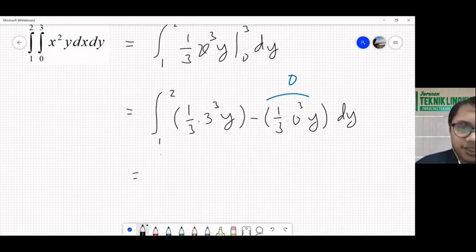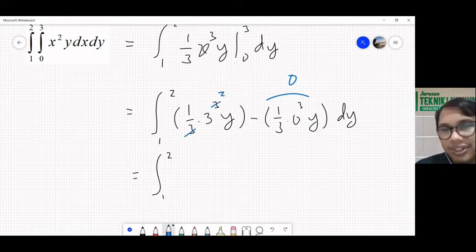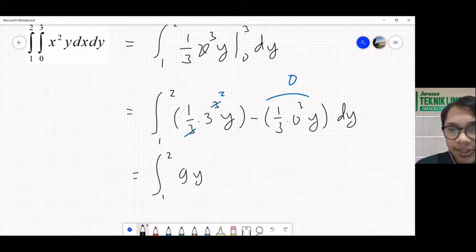Then this part is 1, 2. Power 3 is 27, and we divide by 3 and become 9. Supposedly because it's 3, we can omit the 3 and change to 2, the power, I mean. And now it's 9y dy.